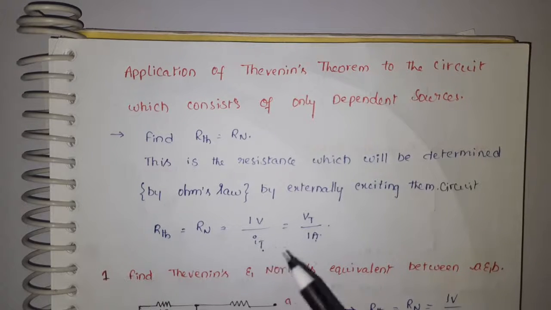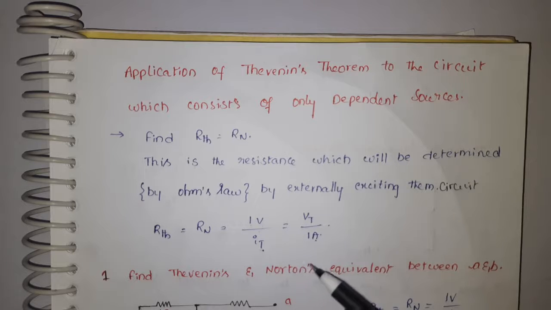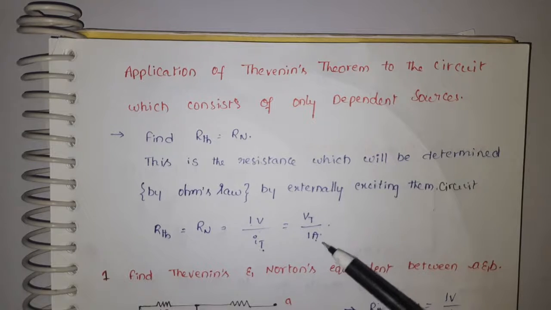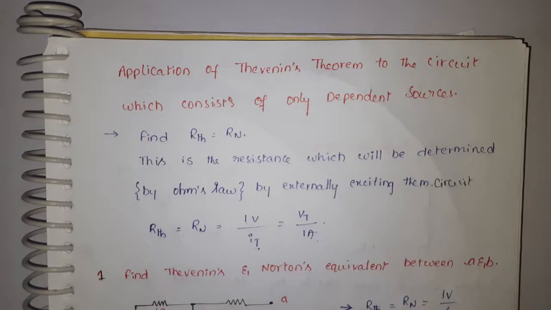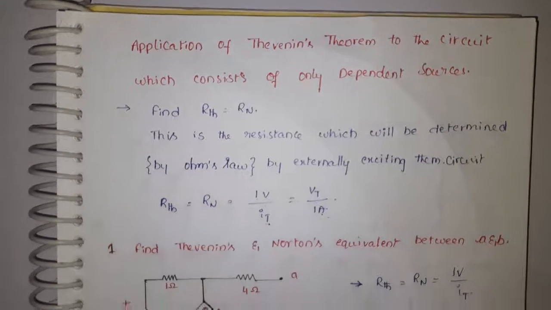If we excite the circuit by a 1 volt voltage source, 1 volt by the respective current IT will be the RTH. If we excite the circuit by a 1 ampere current source, VT by 1 ampere will be the RTH value. So let us solve one example problem so that you can understand this easily.